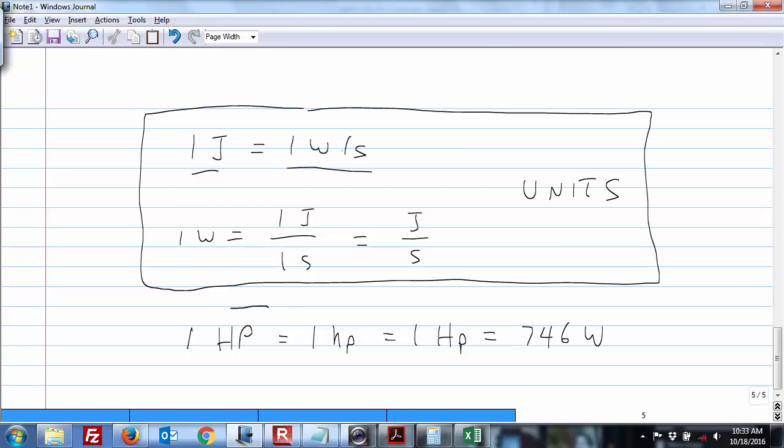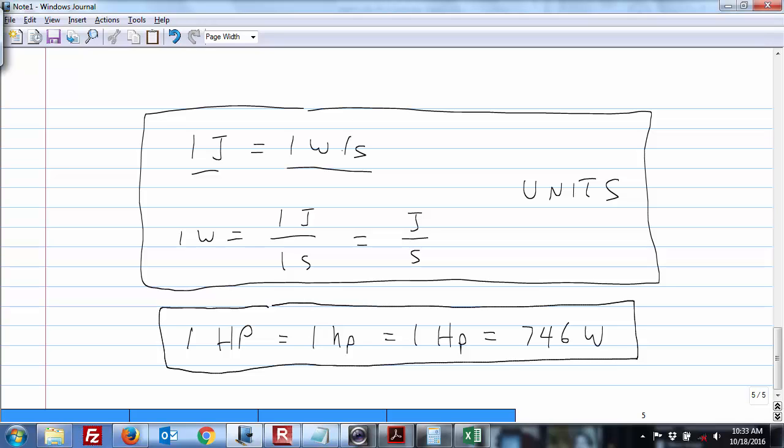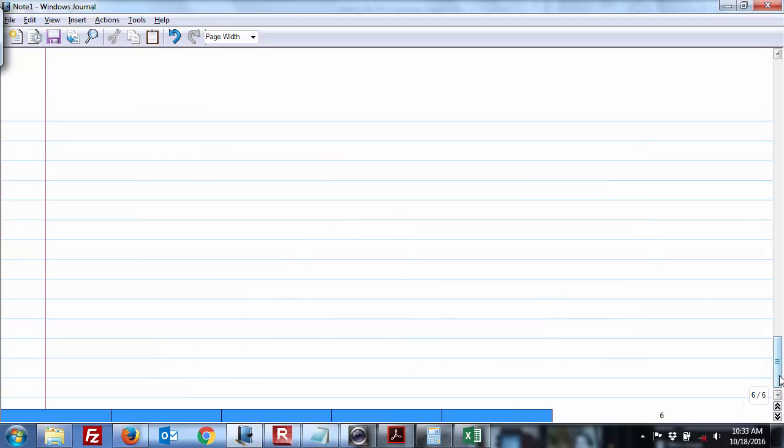And we also know that power can be measured in horsepower or watts, and there's the conversion. So the conversions work the same way they did with the energy. But let's first, well, I'm going to do one more thing with the power and the energy.